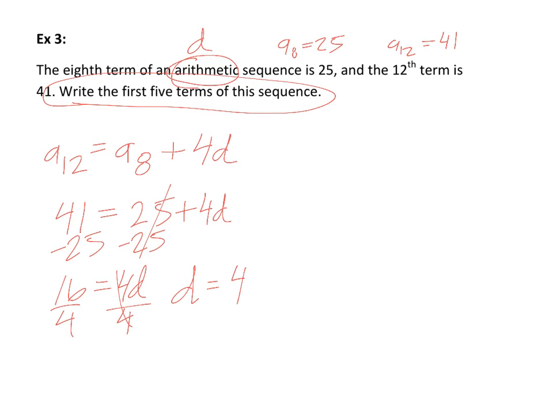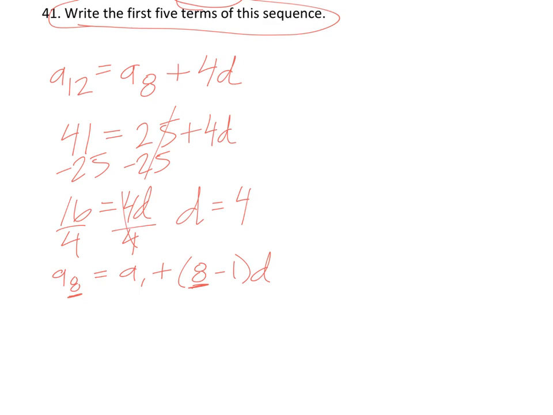Now applying the formula, a sub 8 is equal to a sub 1 plus 8 minus 1 times d. Where did that 8 come from? This is my 8th term, that's my n value.